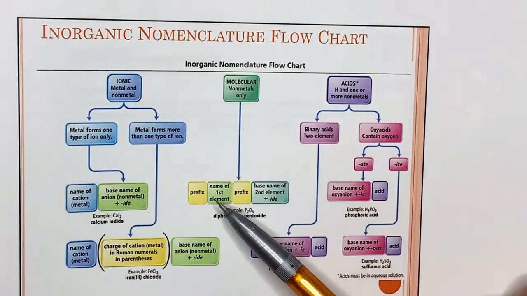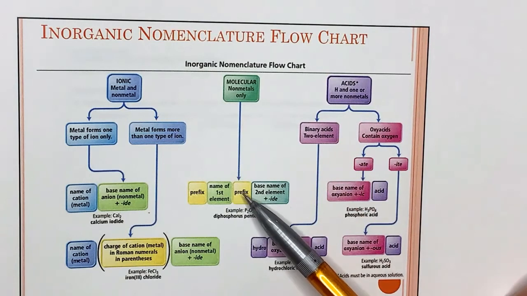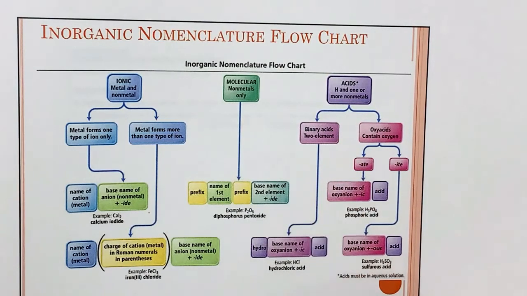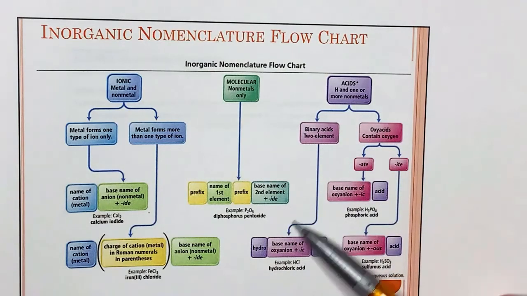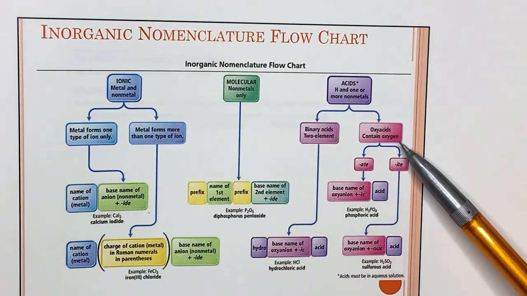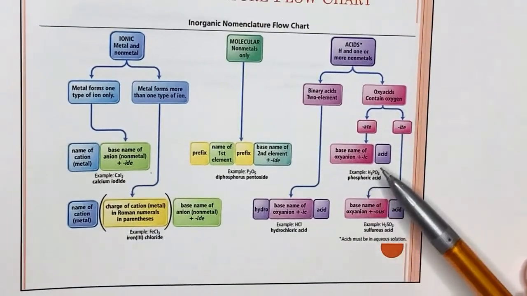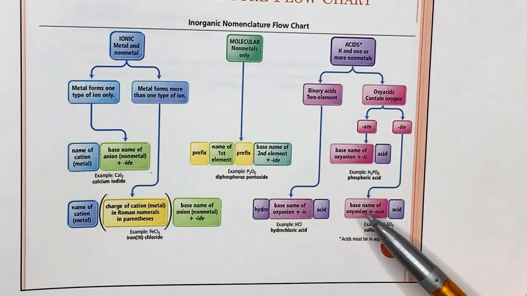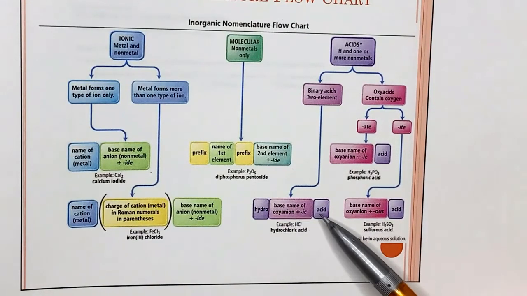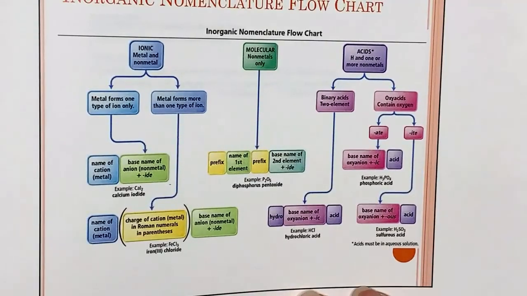And then molecular is prefix, except for mono, and then the name of the first one, prefix for the second, and then ide. And then you have acids: we have binary acids with two things, oxyacids have an oxygen and a polyatomic ion. So the base of ate turns to ic acid, ite turns to ous acid, and binary is hydro something ic acid. All right, so that's the first part of chapter 3.